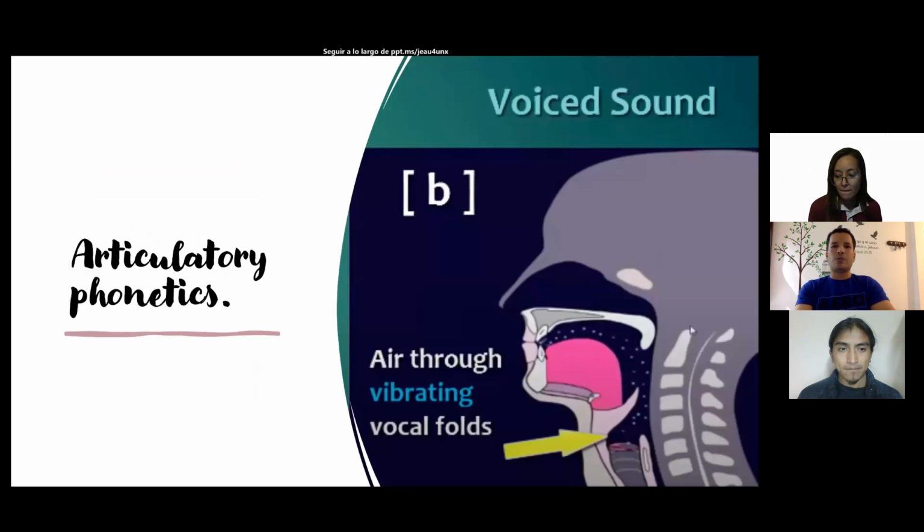As this example shows us, voiced sound, articulatory phonetics is like the UBC visible speech. Evan Axford, a PhD linguist, said that when the air passes through vibrating vocal cords, we call this voiced sound.